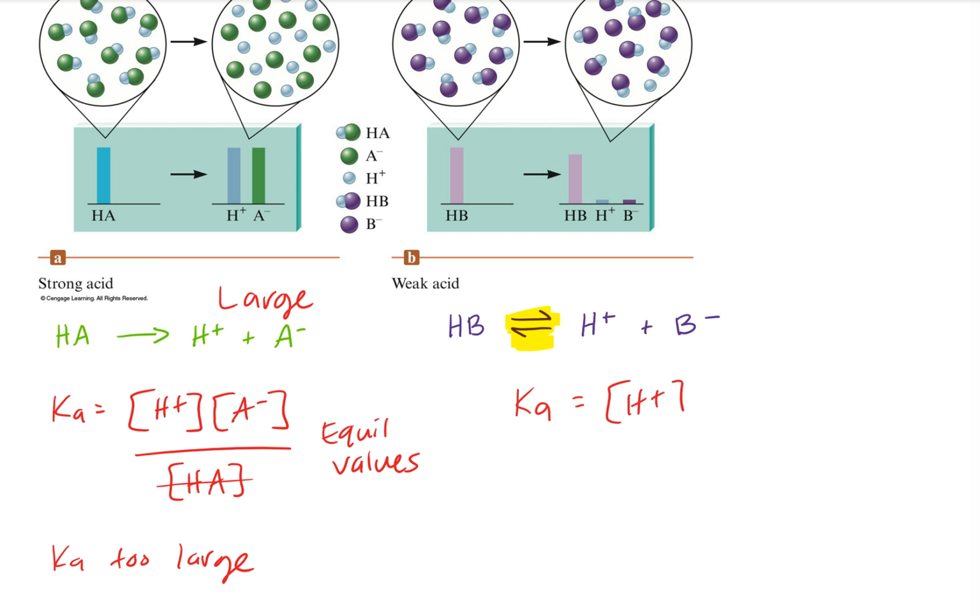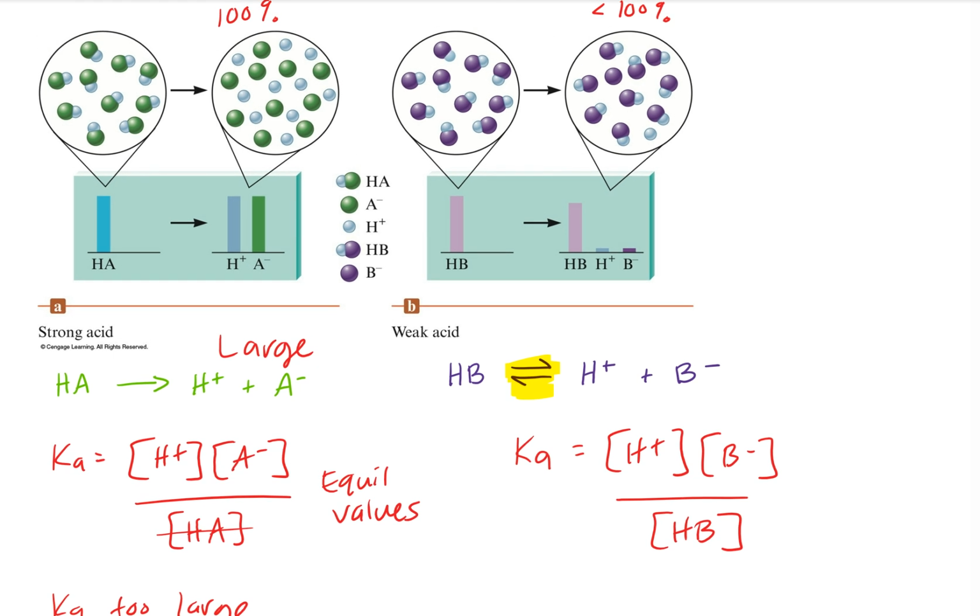It's going to be H positive B minus over the concentration of HB. Again, all equilibrium values. But because this is a weak acid, notice that you have very little amount of the products. This is a very, very low value. But your HB, that weak acid, is very large.